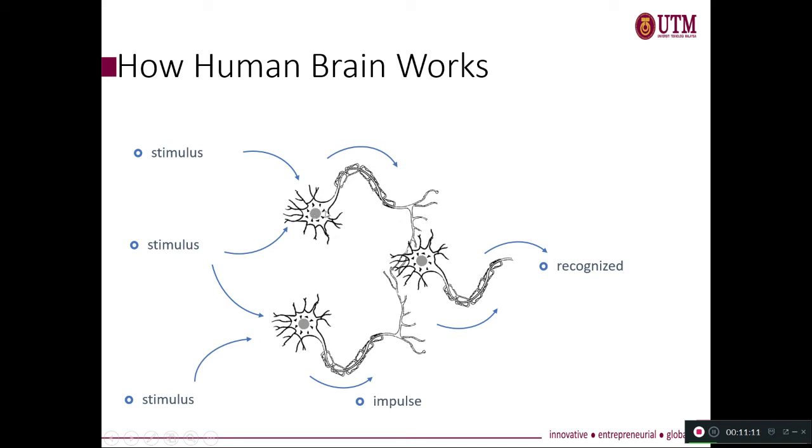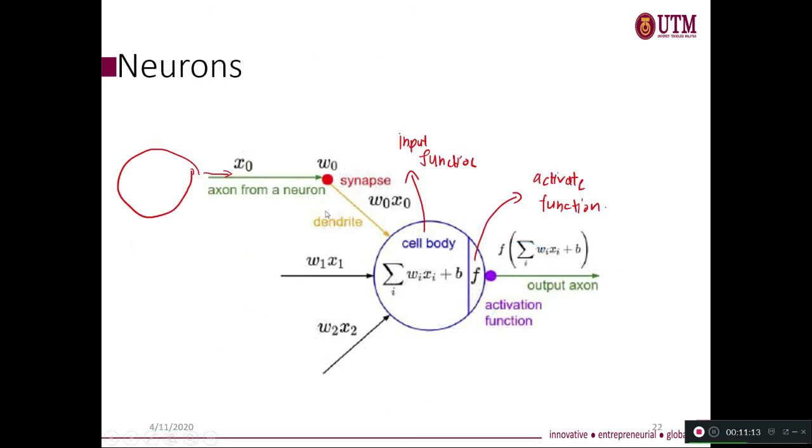So that behavior is replaced by this activation function, meaning that if your output at the input function here is big enough, then the activation function activates or fires the signal to the axon.